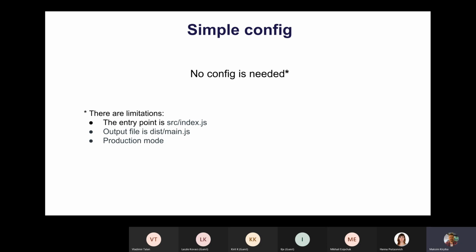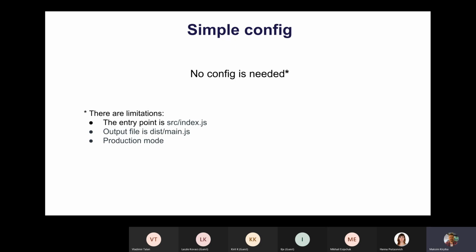About configuration. Out of the box, Webpack won't require you to use any configuration file, so you can run CLI command and everything might be even working. But zero config has limitation. If you don't have a config file, Webpack will assume the entry point of your project is src/index.js.